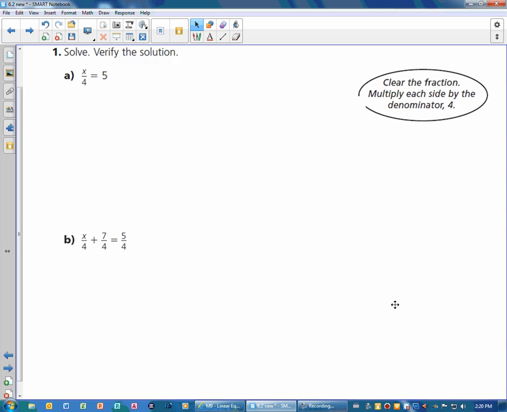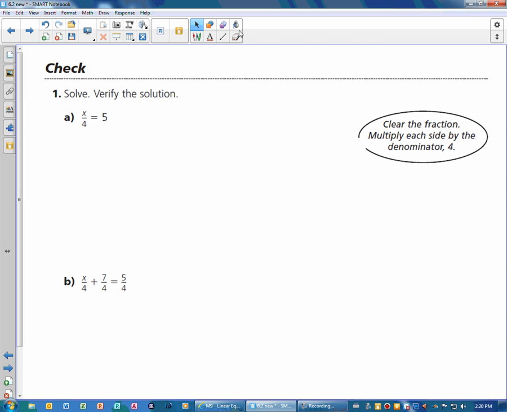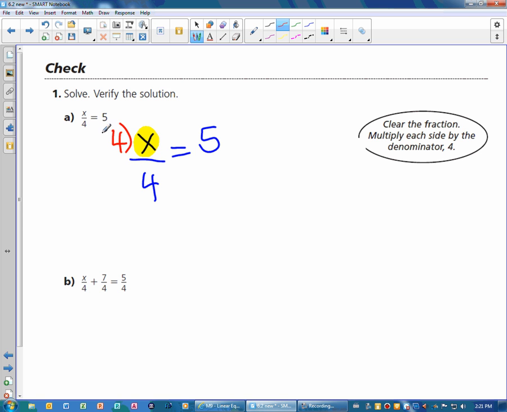2. Okay, I have x over 4 makes 5. So I'll rewrite that just so I can draw on it. So I have x over 4 makes 5. X is the variable that I want to isolate. What's happening to it? It's being divided by 4. Opposite of dividing by 4, multiplying by 4. Do it to one side, do it to the other.